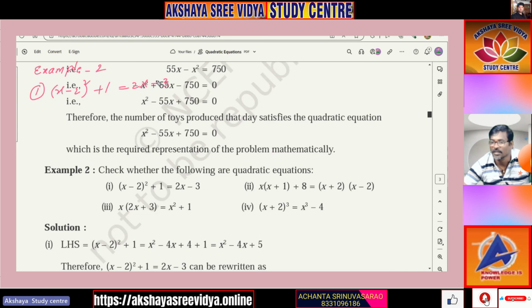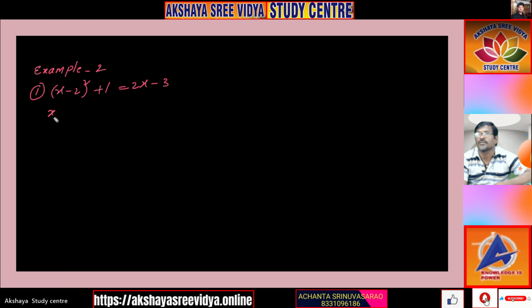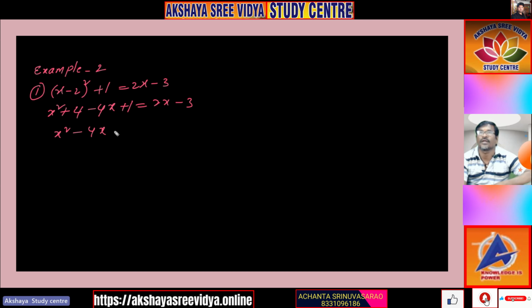Quadratic equation అవునా కాదా అని చెక్ చేసుకోవాలి. This is x square minus 4x plus 4 plus 1 is equal to 2x minus 3. x square minus 4x plus 5 minus 2x plus 3 is equal to 0.